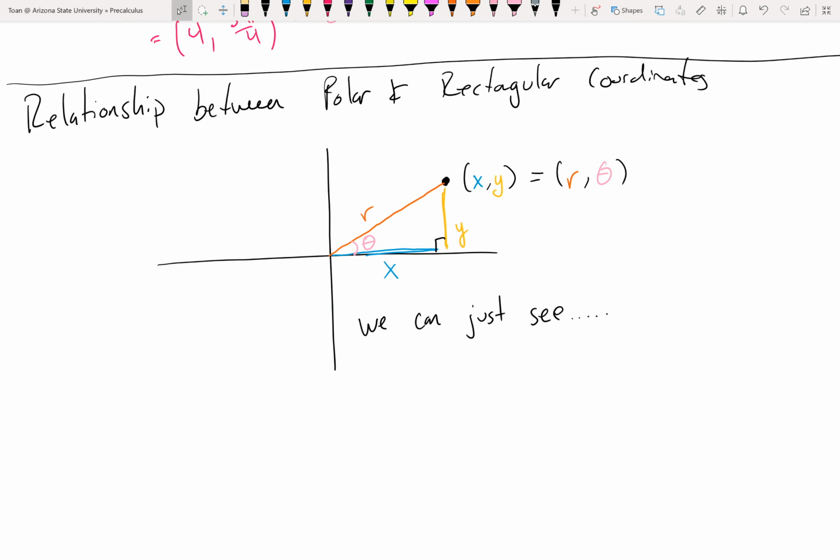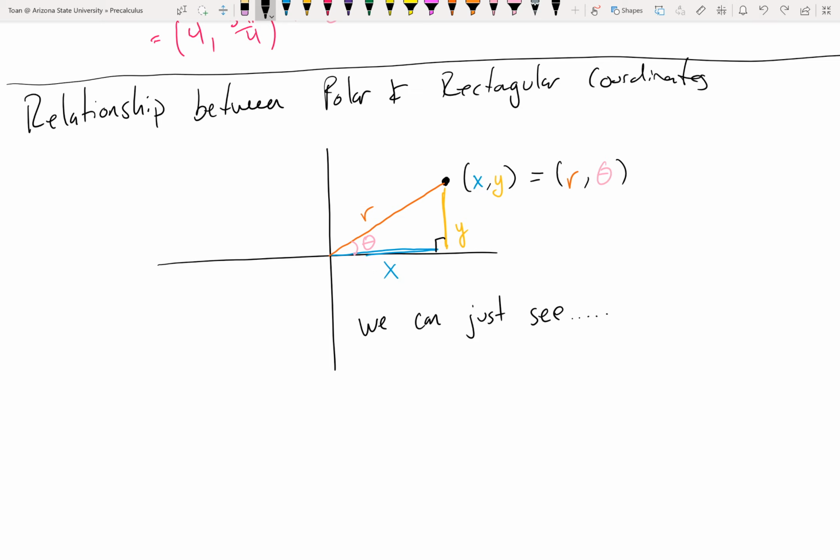So let's do, I don't know, polar to rectangular coordinates, right? We can see that if I were to look at x and look at the polar coordinates, what trig function relates the boxed items? Well, relative to the angle, we have an adjacent and we have a hypotenuse.